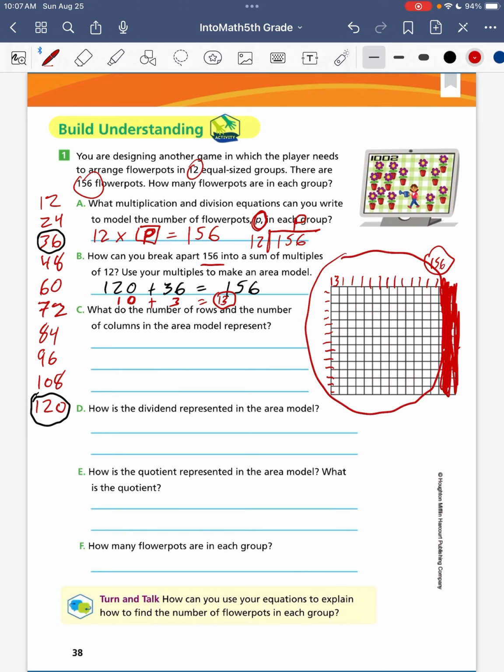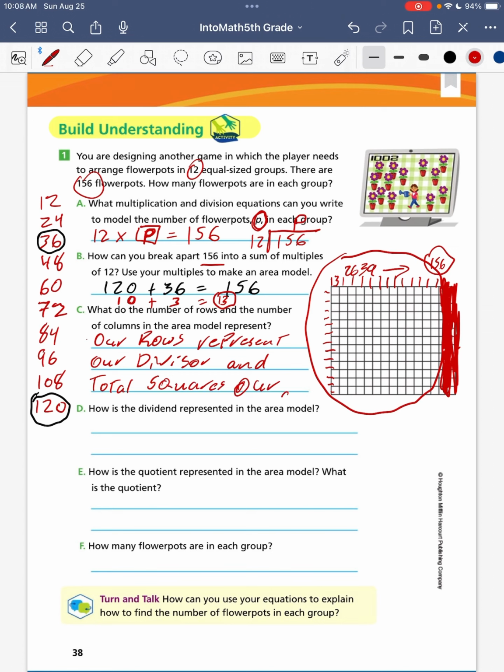So in our array model, where we go 13, 26, 39, and so forth till we get to 156, our rows represent our divisor and the total squares are our dividend.